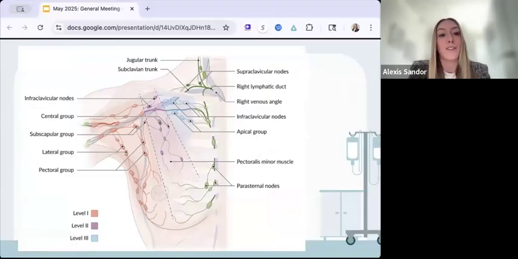So pec minor is kind of the main guiding of those three levels. And then we have the parasternal or the internal thoracic group and the posterior intercostal group, which unfortunately is not shown here. And the efferent lymphatics actually travel to the supraclavicular nodes and they terminate in the thoracic duct on the left. Obviously, this is a picture from the right. So the right end up traveling into the right lymphatic duct.